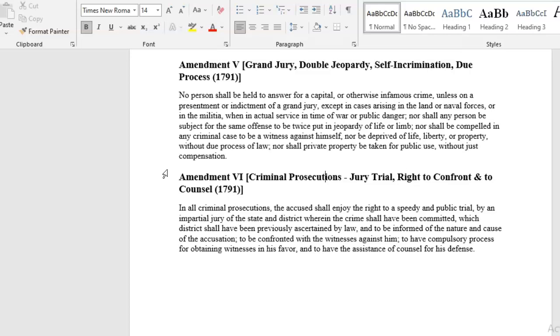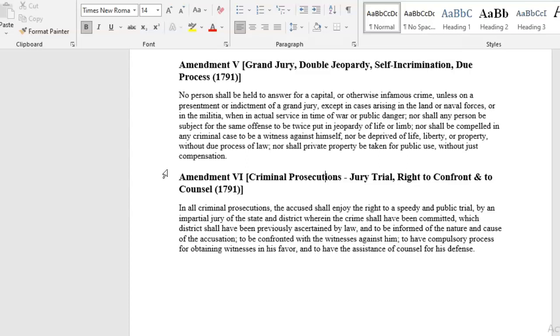Now, the next part and the last part of this Fifth Amendment says, nor shall private property be taken for public use without just compensation. Now, a lot of times, attorneys will want to say, if your property was taken in a tax issue, then that's not a government taking. Government takings is only eminent domain.